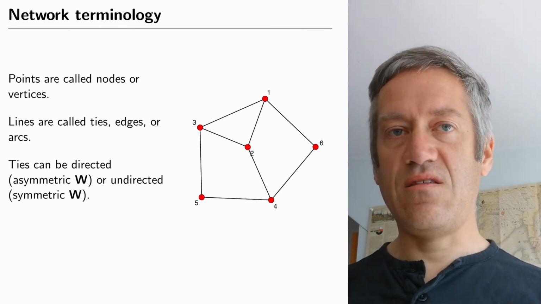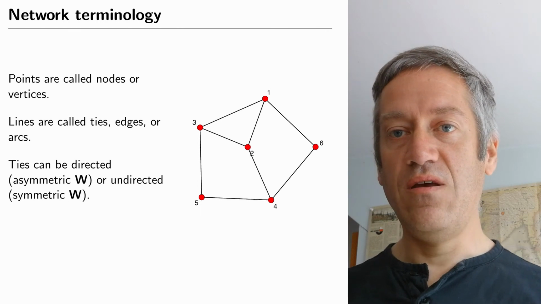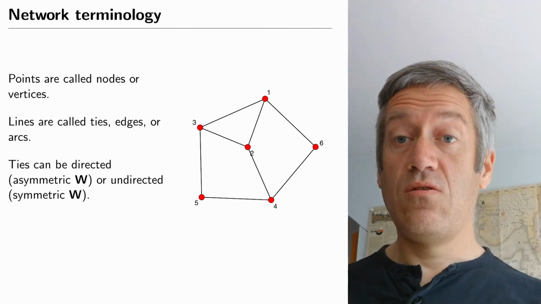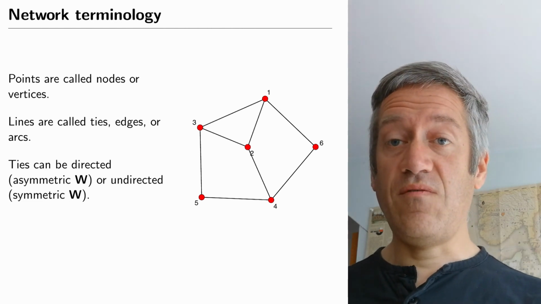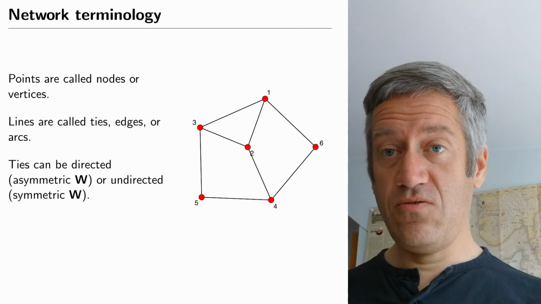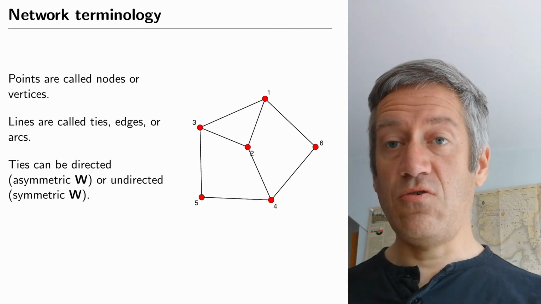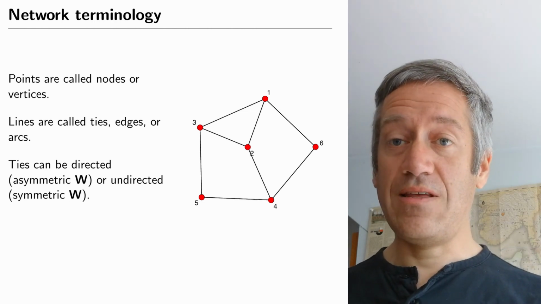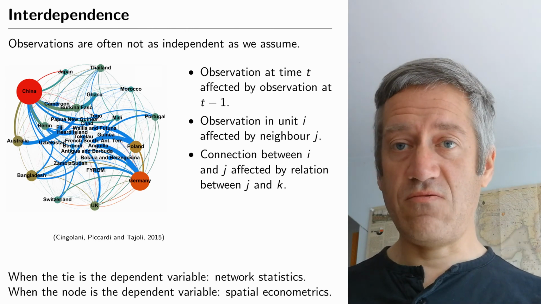In that case it is symmetric: if 1 has a tie with 2, then 2 must also have a tie with 1. We can't talk about directions like with the tweets. So a network can be directed or undirected. When we talk about the different units that are connected to each other, we refer to them as nodes or vertices, and when we talk about the actual connections between them, we talk about edges or ties.